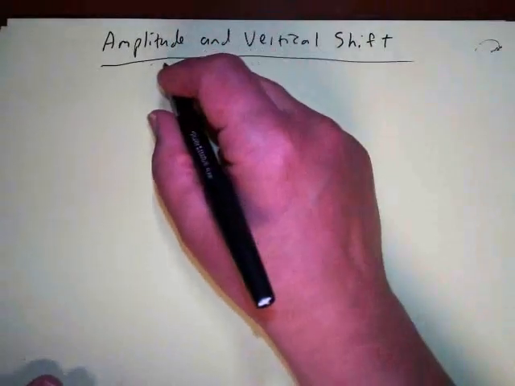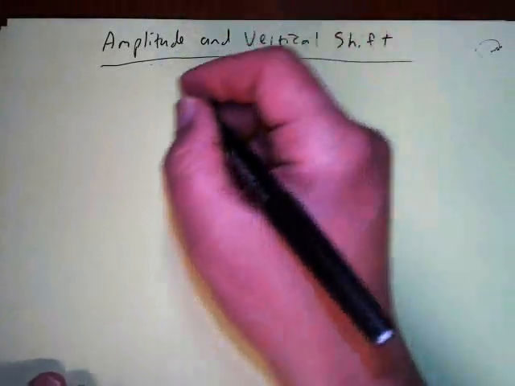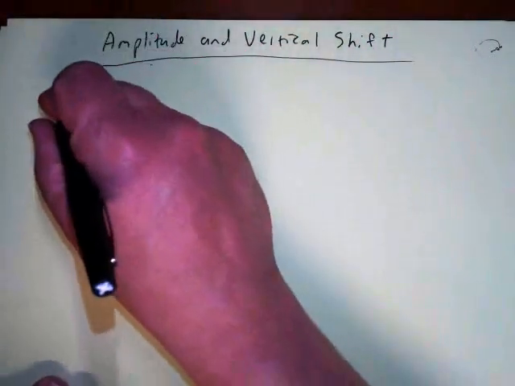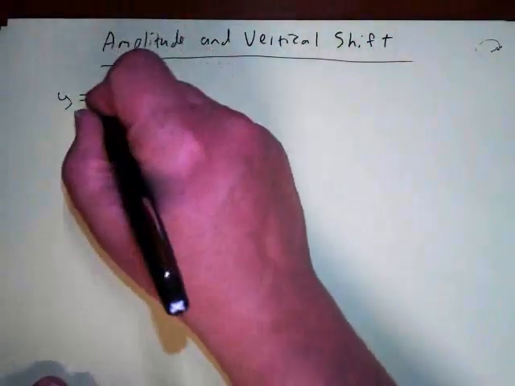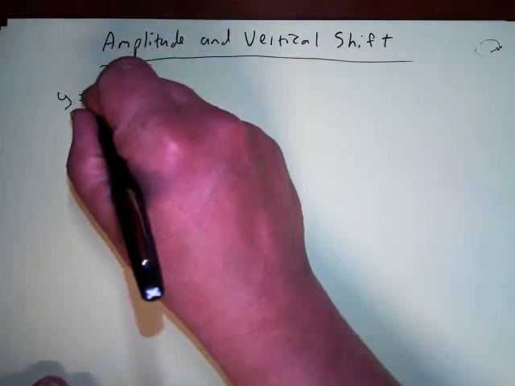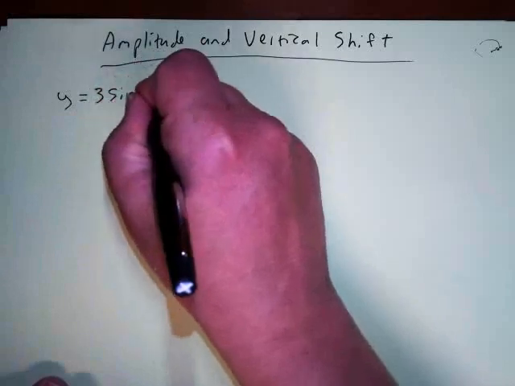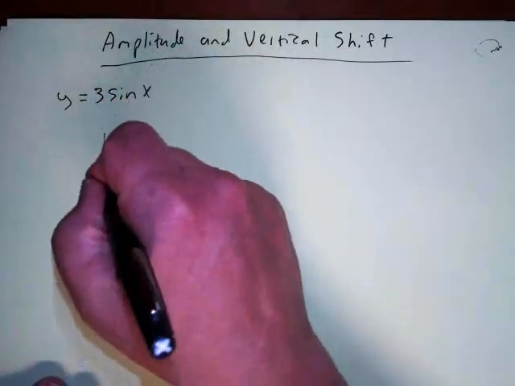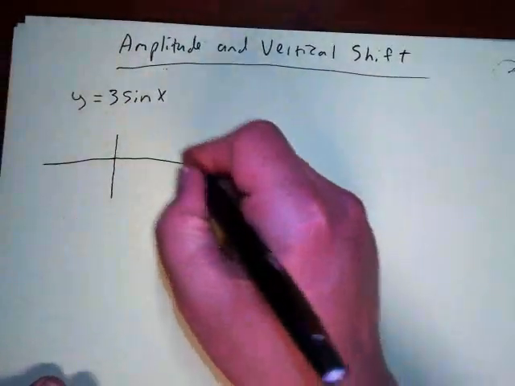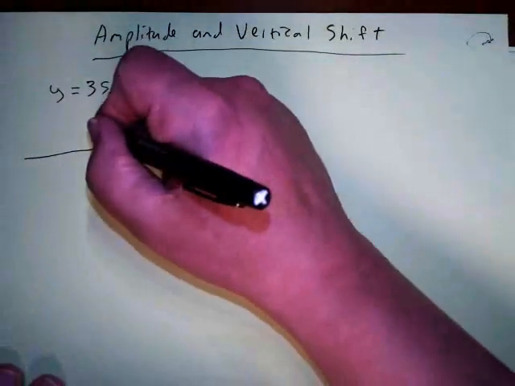So the amplitude and vertical shift, basically, let me just show you an amplitude change. Okay, so if I had something like 3 sine x, that 3 here is going to change the amplitude.